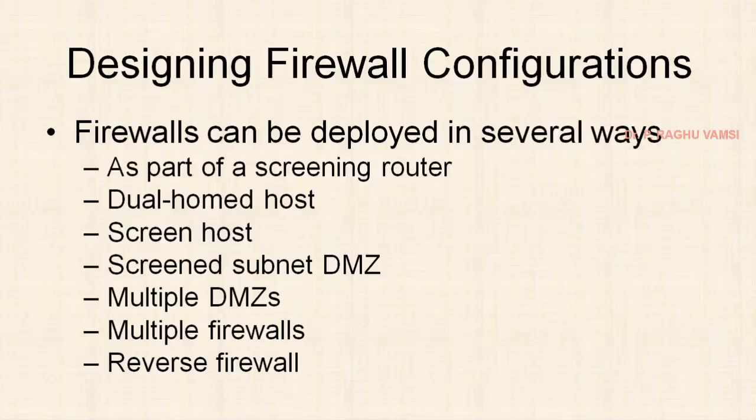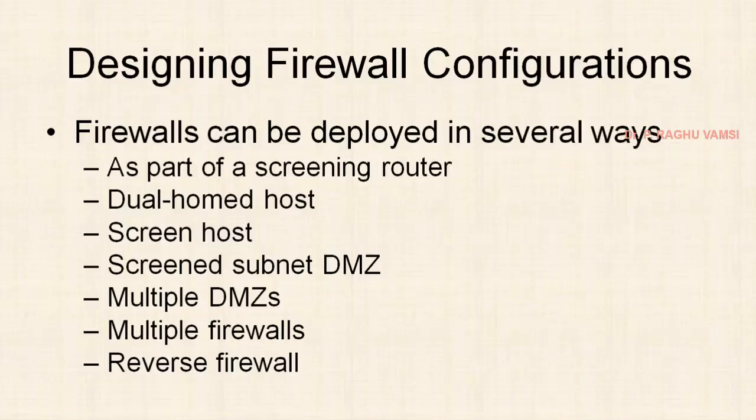So firewalls can be deployed in several ways. Especially the firewalls have to be deployed at the entry level of the computer networks. So here firewalls can be deployed in several ways.